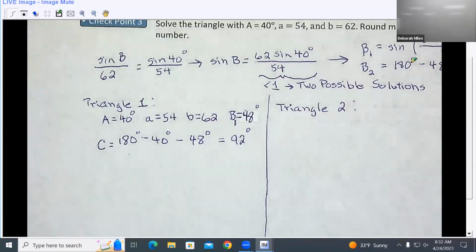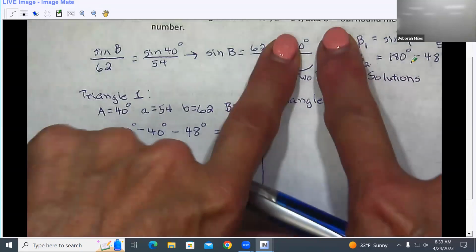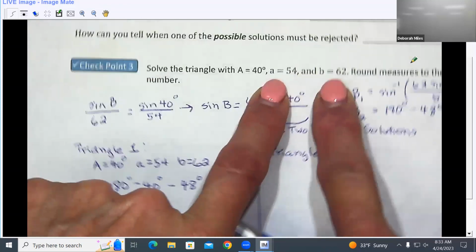How many parts of triangle one do we have now? We have 5 parts. What's the only part we're missing? Side C. Side C, how can we find it? So, big A and little a, side A and 40 degrees. Tell me this, since I know A and B, could I use the Pythagorean theorem to find C?